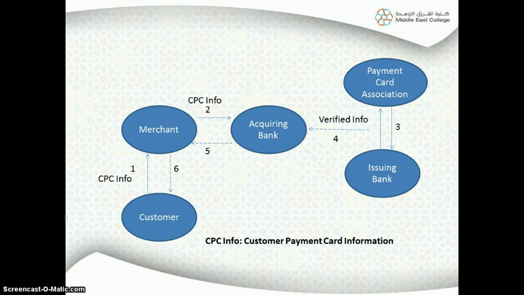So when the product is shipped, only then is the payment given to the merchant. This entire process, not including the shipment, takes less than 30 seconds. So this is how the charge card verification works.